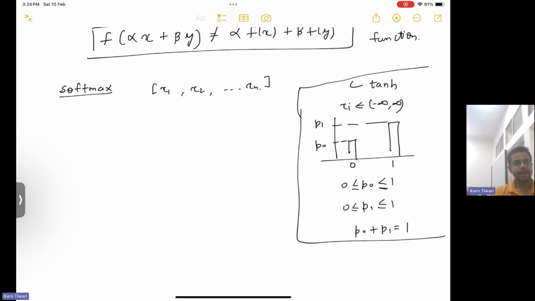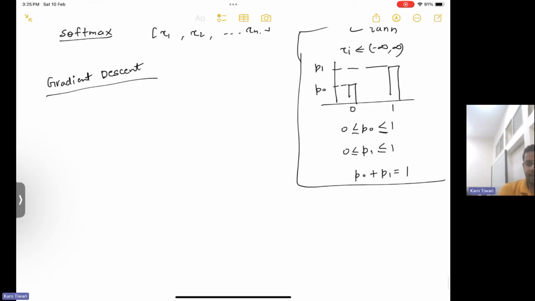Last time we did gradient descent for the parameters. So what is gradient descent? Gradient descent is a way to adjust the parameters based on the gradient, that is, how they affect the output.